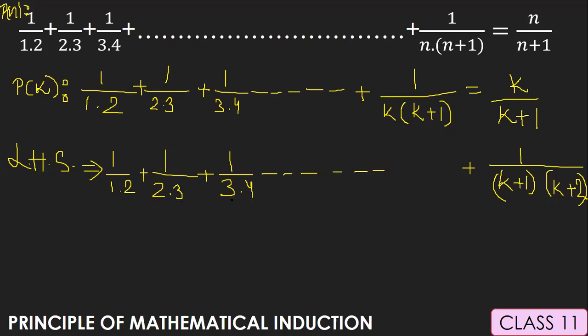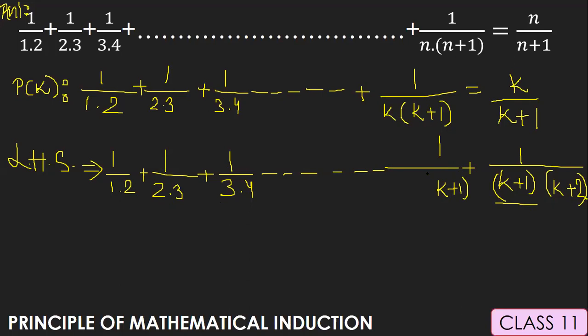Again, 3 is repeated, 3 plus 1 becomes 4. So the previous number before 3 would be 2. So the number before this fraction would be 1 upon, as you could see, the first number is repeated. So this number would be k plus 1.